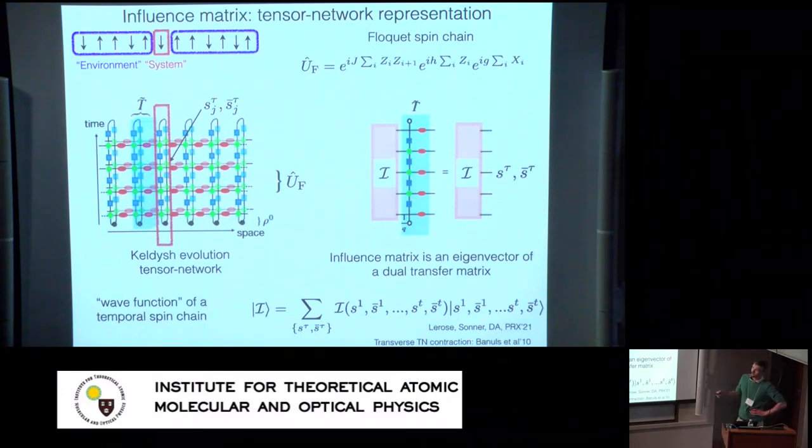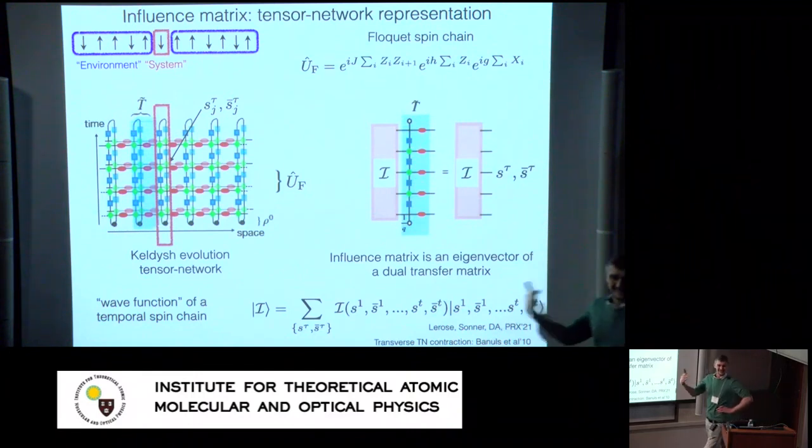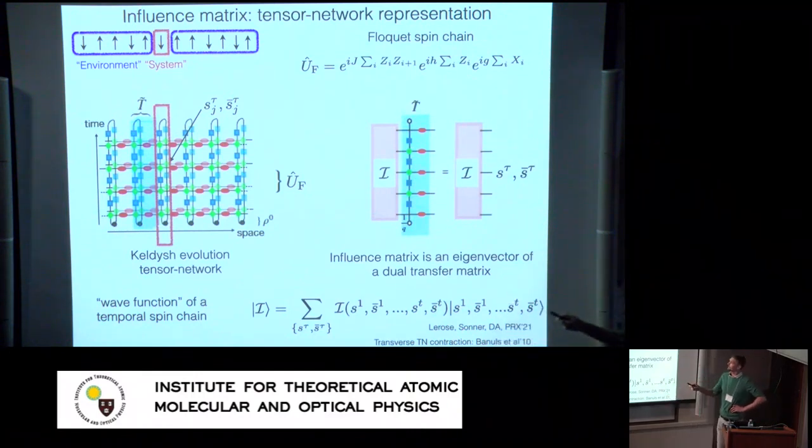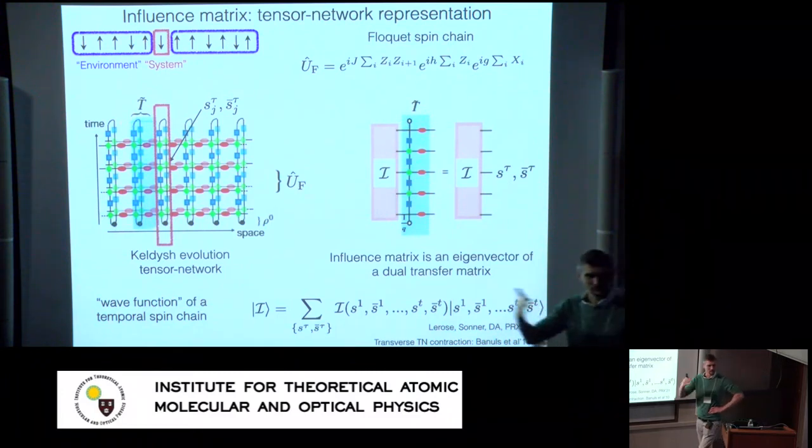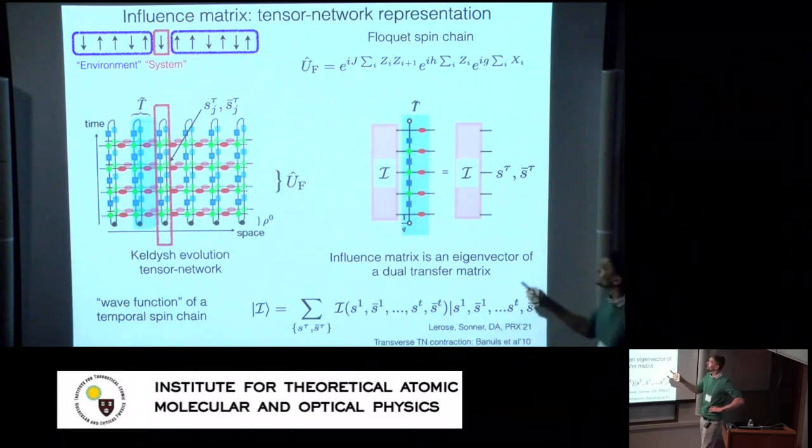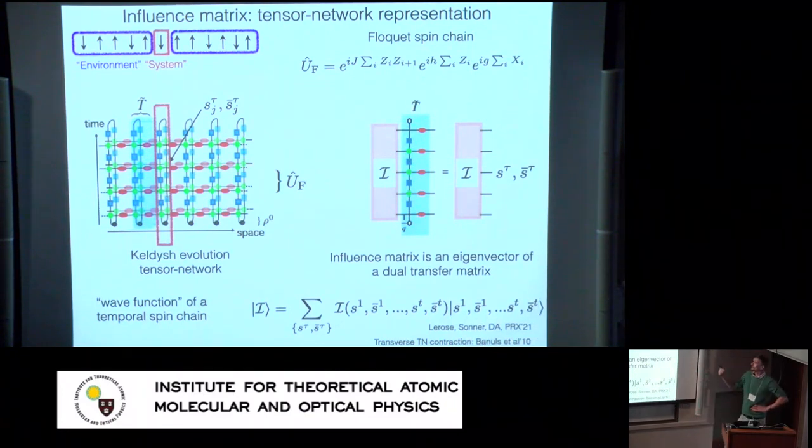And now to find this functional, one way is essentially to take one slice of the tensor network. This blue slice, that's the transfer matrix, and essentially act with it over and over again. And what you would find is that this would give you exactly the influence functional. So the influence functional is the leading eigenvector of the dual transfer matrix.